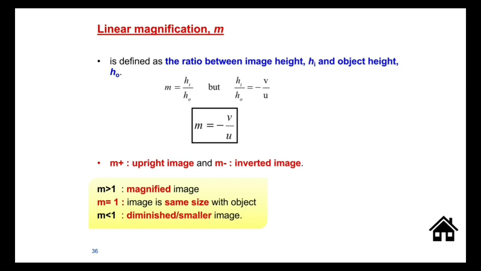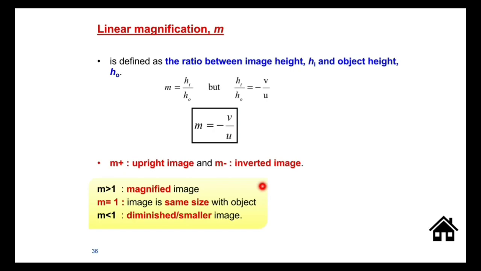Last is magnification. Magnification is the ratio between height of image and height of object, where you can write m = h_i / h_o. At the same time, h_i / h_o = -v/u.